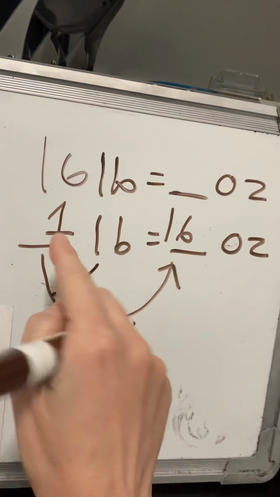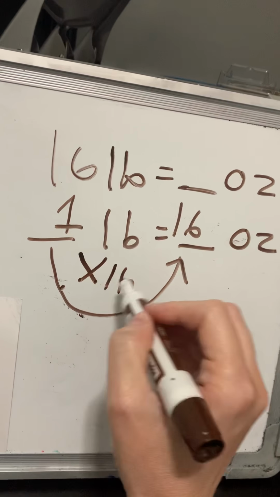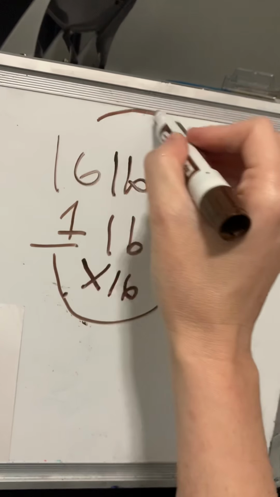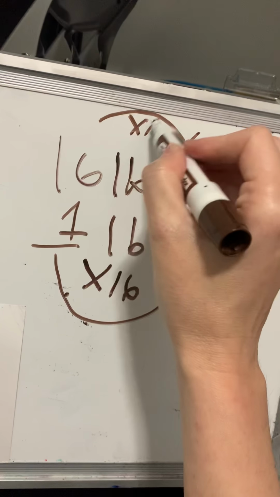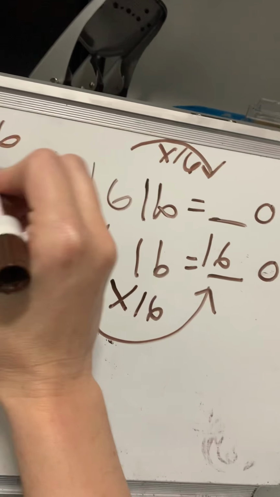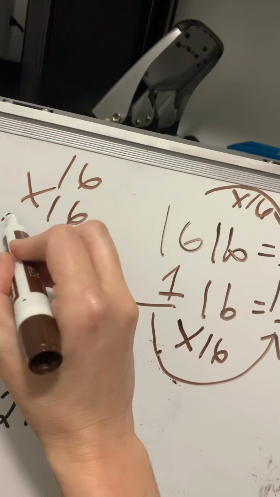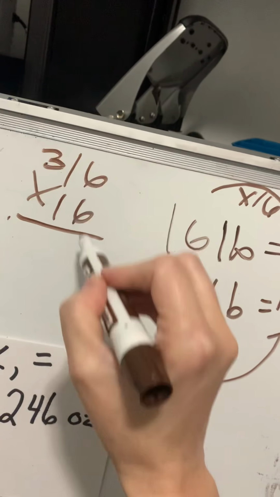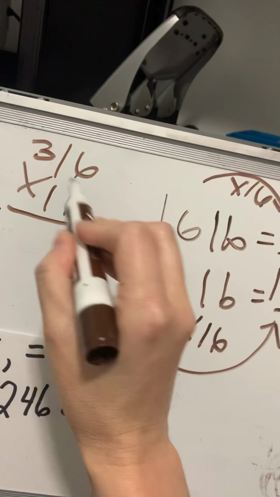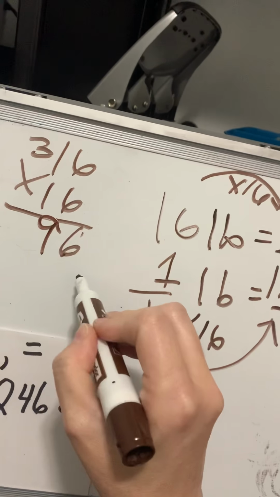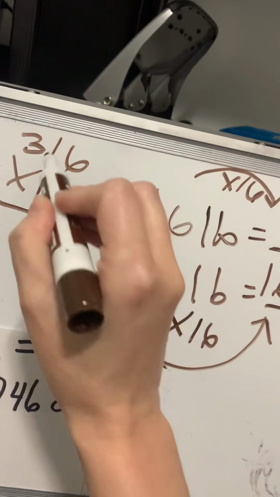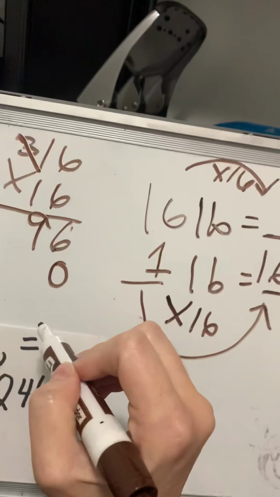So I'm going to multiply the 1 times the 16, and then I'm going to do 16 times 16, and 16 times 16 over here. That's a 36. That's a 6, and then a 9, and then we have a 0. We can cross out the 3.